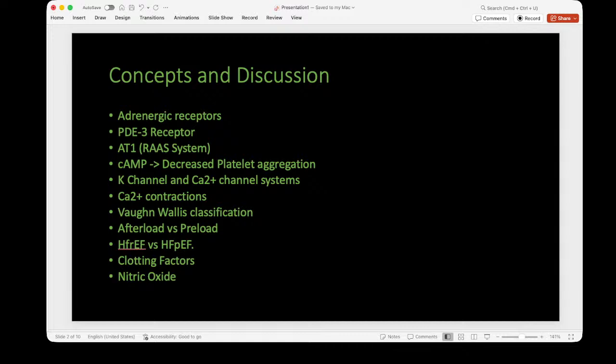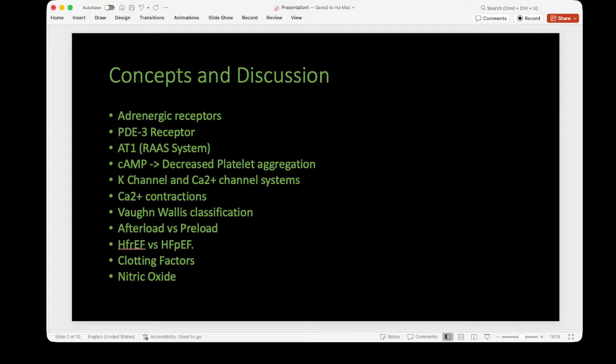So you can see here, these are the basic concepts you're probably going to have to learn in terms of the cardiovascular section of an exam: understand the adrenergic receptors.